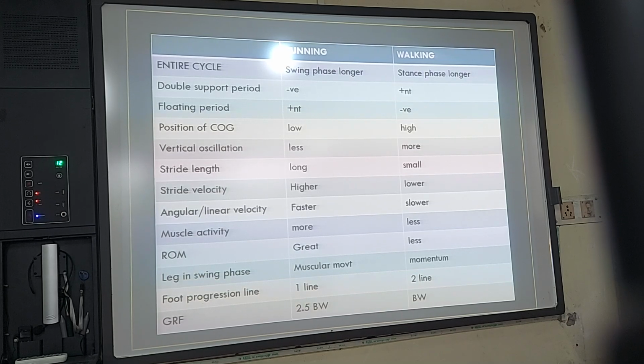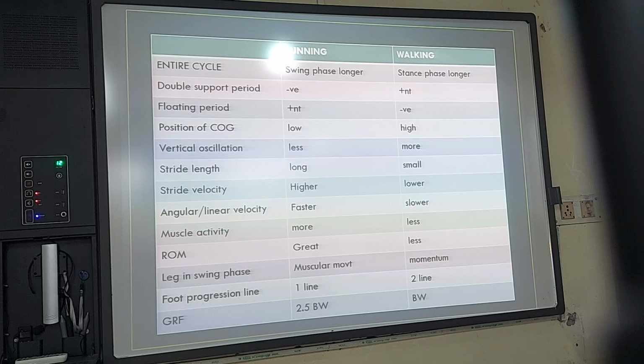Of course, you understand if the trunk is moving forward, the vertical translation or oscillation will be less in running and more in walking. It can easily be noted. Stride length is long in running, whereas it is small in walking. Stride velocity is higher in running and lower in walking.